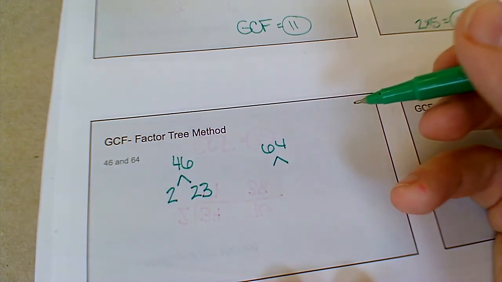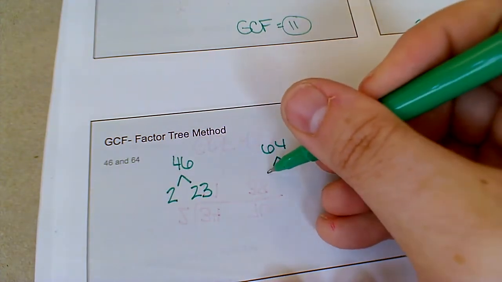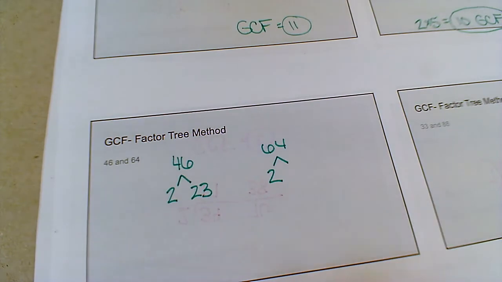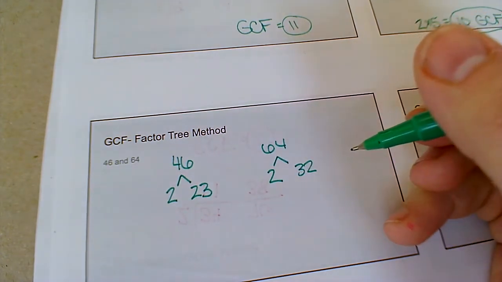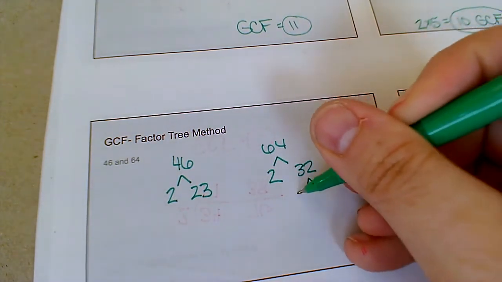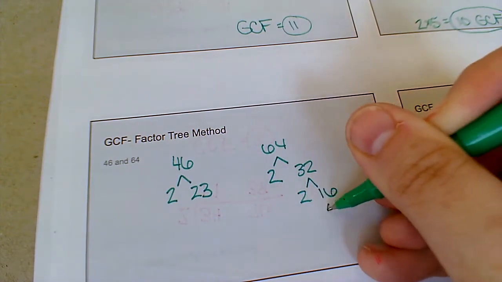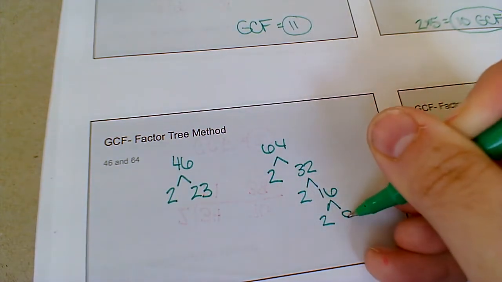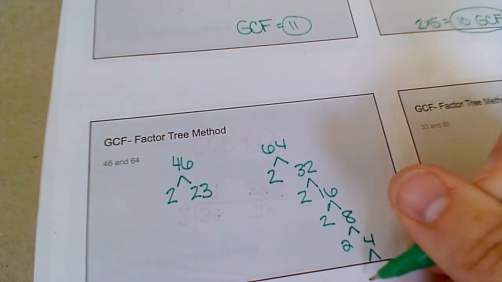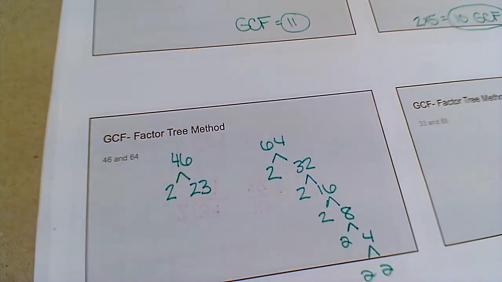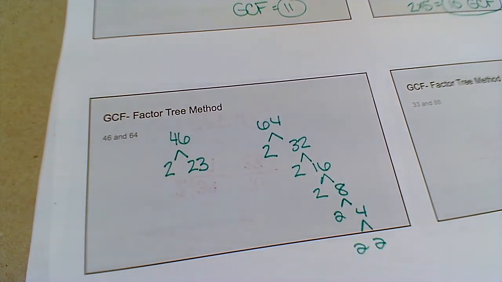But 64, I could go by 2 and I'm going to have the number what? 32, right? Can 32 be divided by 2? Yep, it can be the number 16. 16 can be divided by 2 and you get the number 8. And 8 can go in 2 and be the number 4. And 4 can go and be 2 times 2.